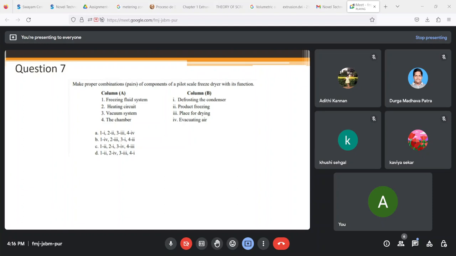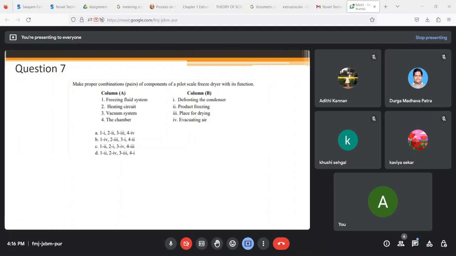So we'll go one by one. What do you think is the role of the freezing fluid system? Okay, so as the name suggests, the freezing fluid system is used for product freezing.